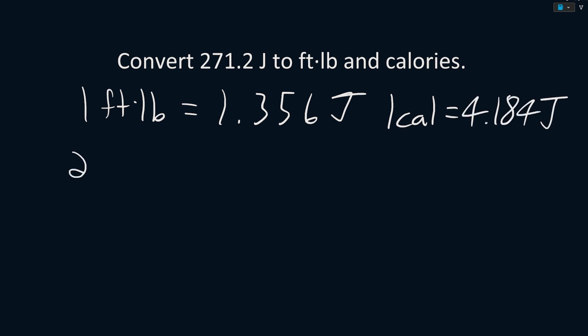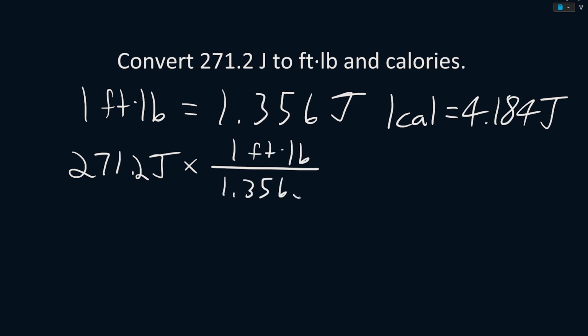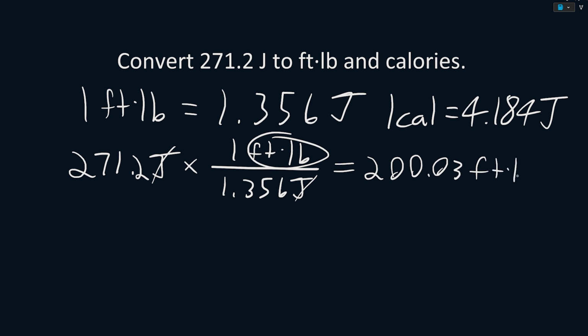Now to convert 271.2 joules into foot-pounds, we need to multiply through our conversion factor of 1 foot-pound is equivalent to 1.356 joules. Multiplying through this, we see that the joules cancel and leave us with foot-pounds. Solving this, we get that 271.2 joules is roughly equivalent to 200.03 foot-pounds.